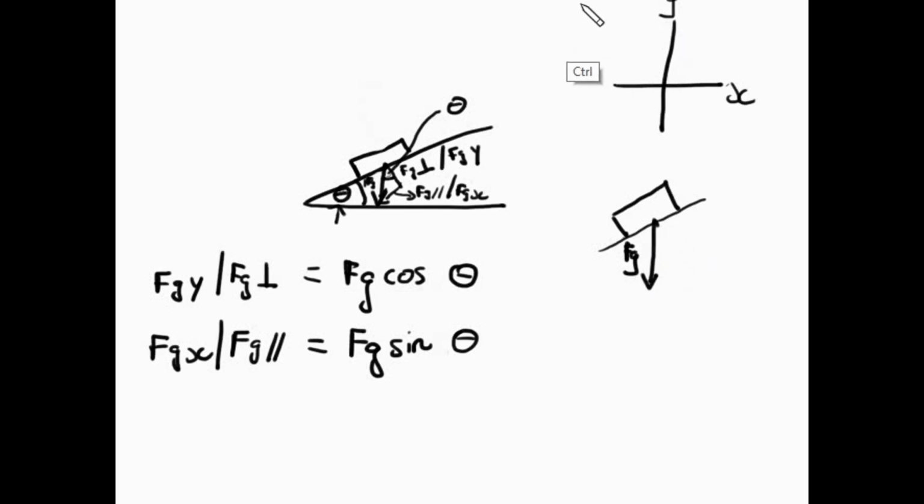Very important to denote. For the y-axis, that is going down like this. So that is your Fg perpendicular.